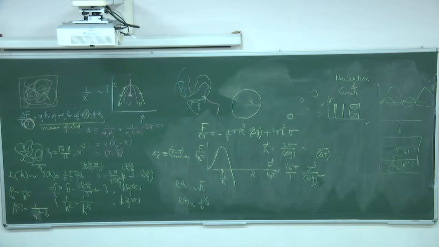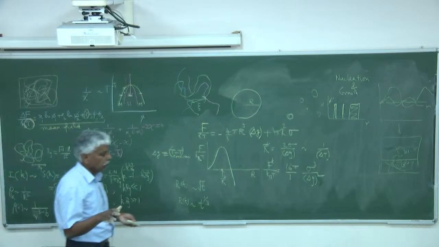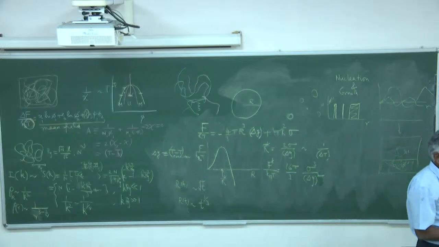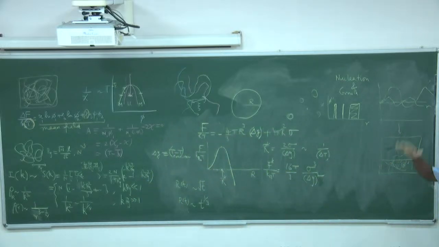But I think the question is a very important question, right? The description that I have given is universal for all first order phase transitions. Birth of the universe, we write the same expressions. How is the universe born?